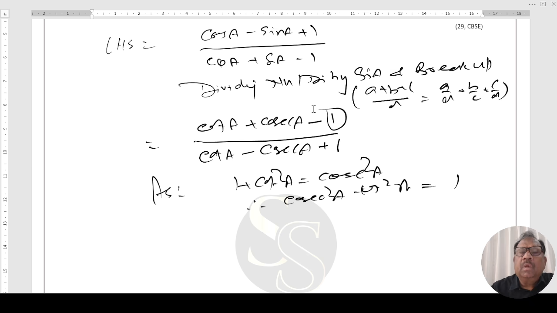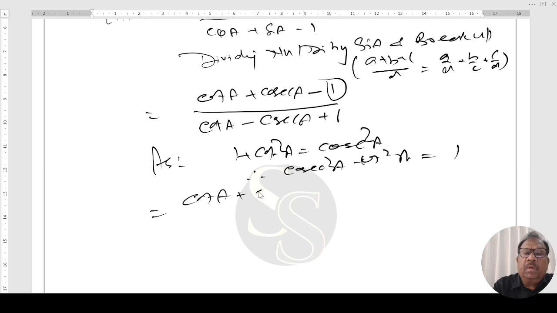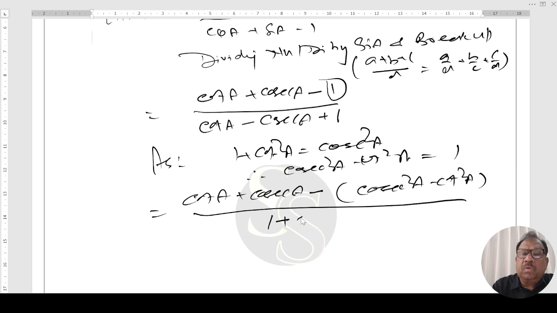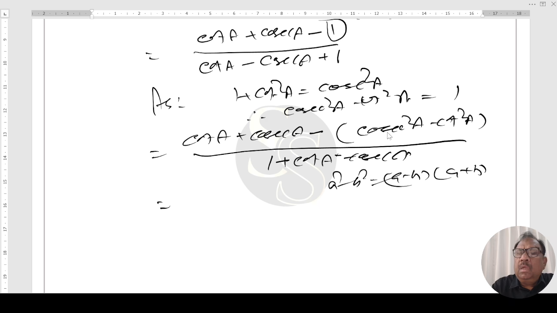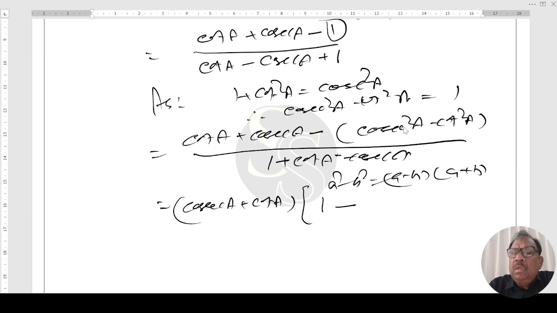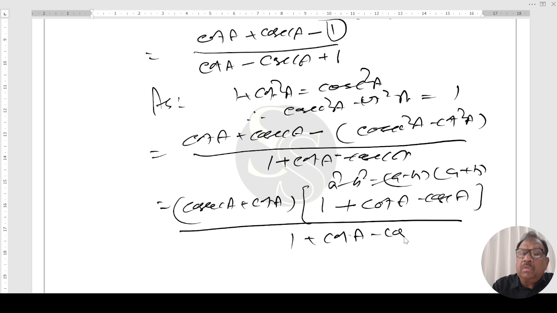Using this, we get cot a plus cosec a minus (cosec square a minus cot square a) upon 1 plus cot a minus cosec a. Now in this case, a square minus b square equals (a minus b)(a plus b). Then in the numerator, cosec a plus cot a comes common, and what remains here is 1 minus, the signs will change, this will be plus cot a, minus cosec a, right, upon 1 plus cot a minus cosec a.